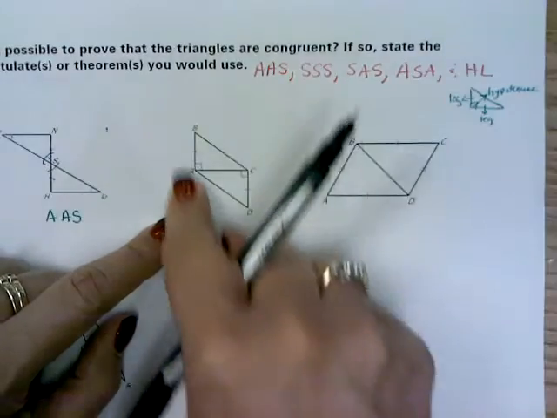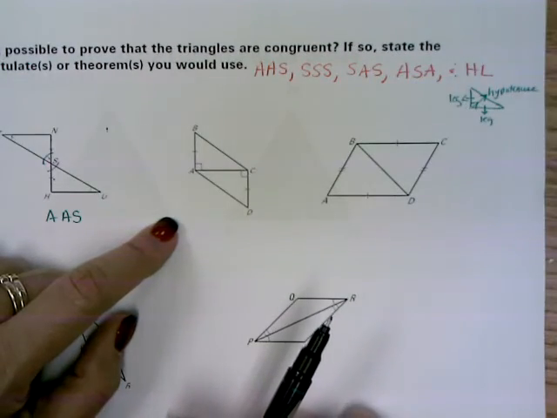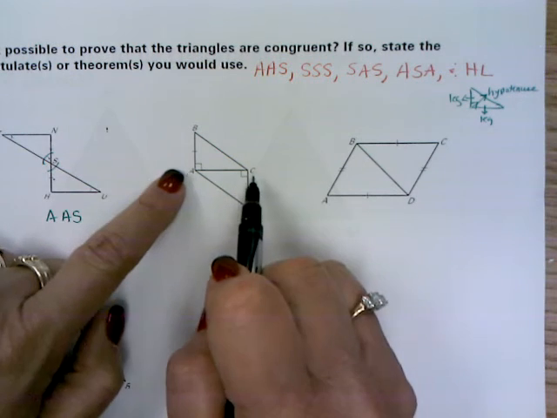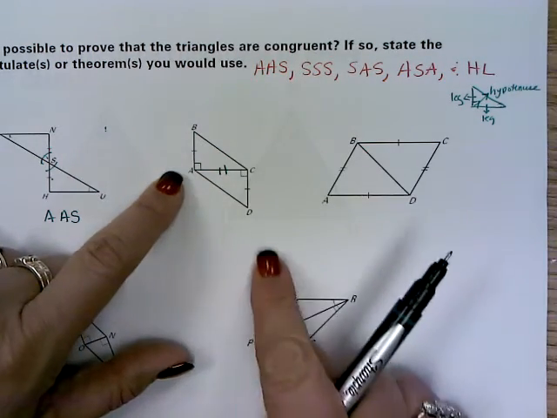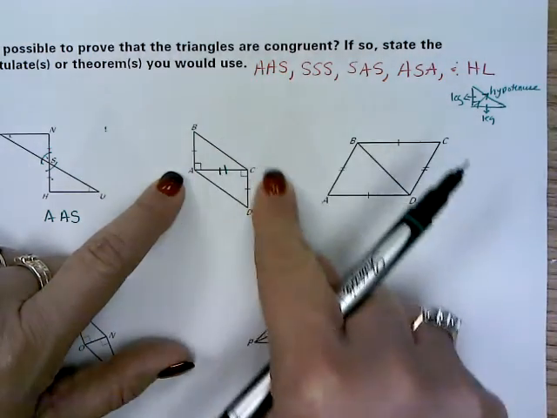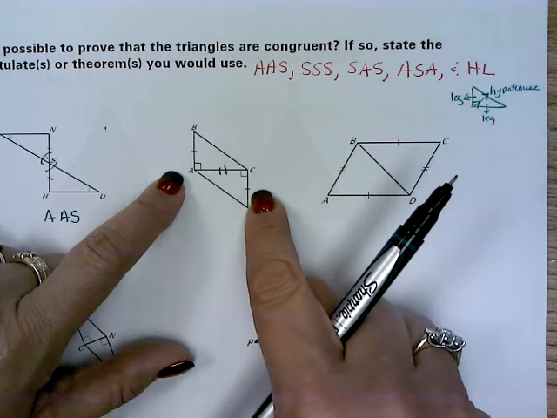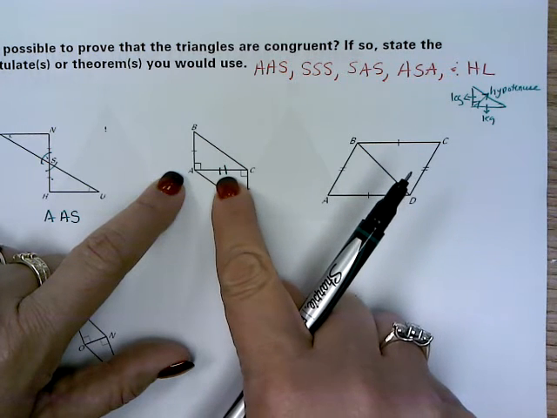So now, looking at this picture here, again, the one marking they don't mark is my reflexive property, because it's reflexive to itself. So AC is congruent to itself. Now, what do I have congruent? I have a side, an angle, and a side.